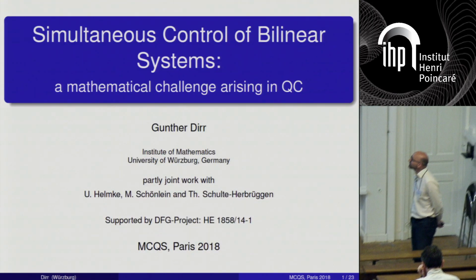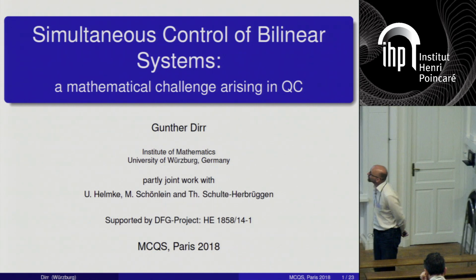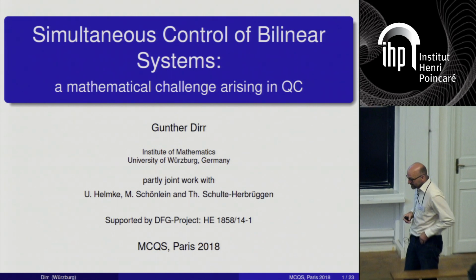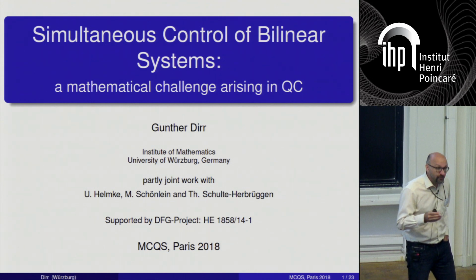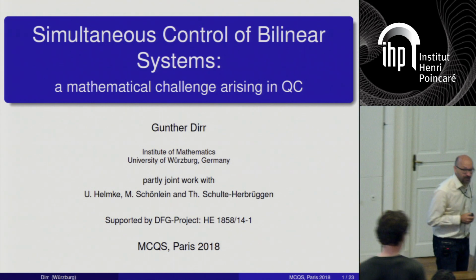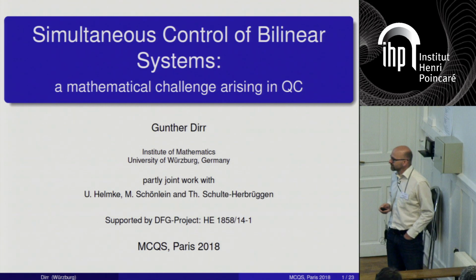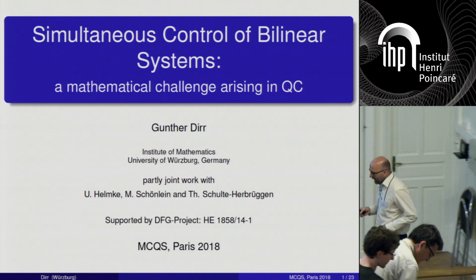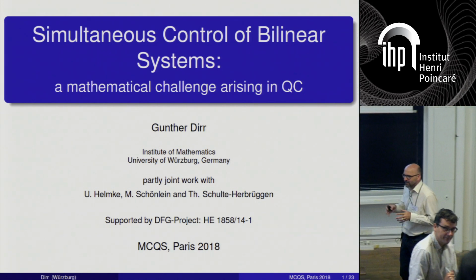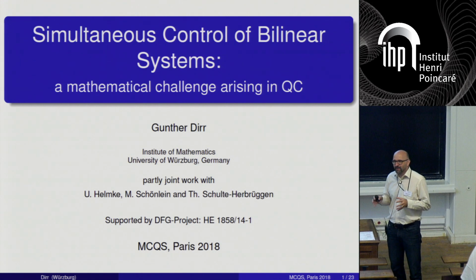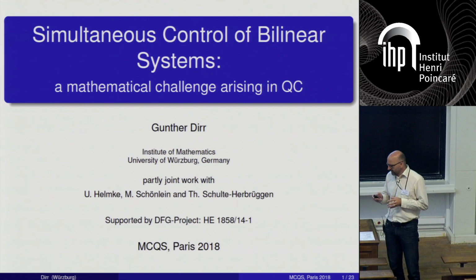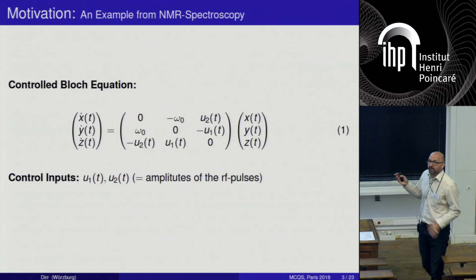Pleasure being here, and it's a pleasure to talk today a bit about bilinear systems, and in particular about some new developments on the simultaneous control of bilinear systems. I have a very tough schedule for the talk, so I will keep the motivation short, because I think you have seen this Bloch equation here now a couple of times.